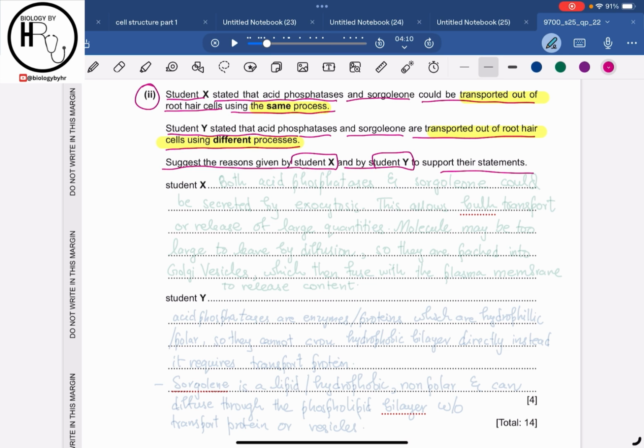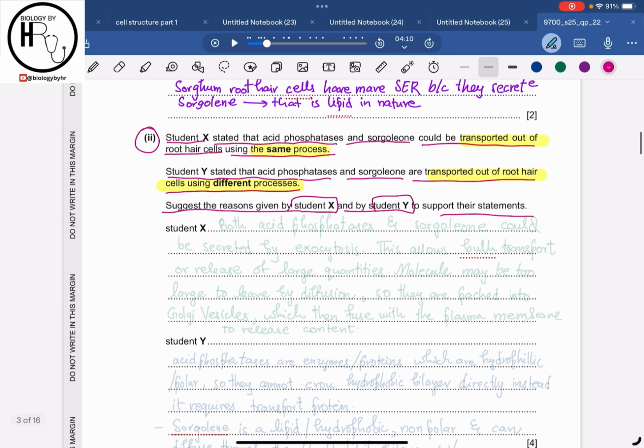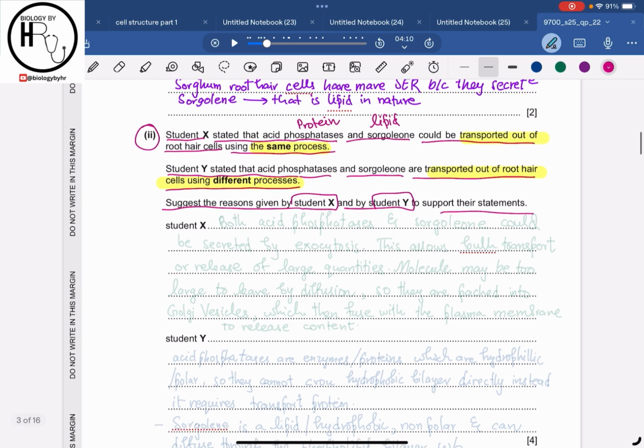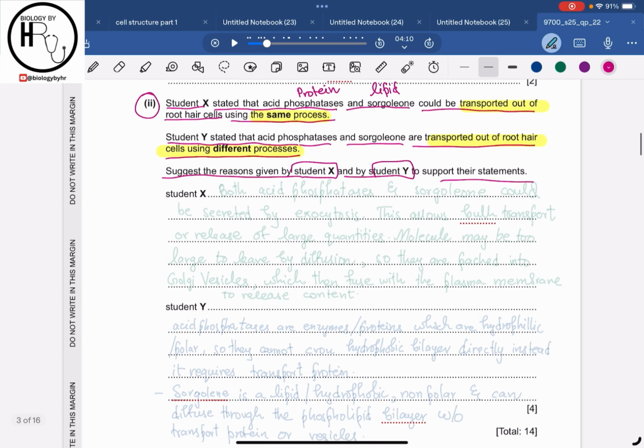So if they are asking about the same process, acid phosphatase is an enzyme which is protein in nature, and sorgoleone is lipid in nature, and if both are to be transported out of the root hair cells by the same process, it must be exocytosis, right? And if they are transported using different processes, it can be simple diffusion as well, or by transport proteins.